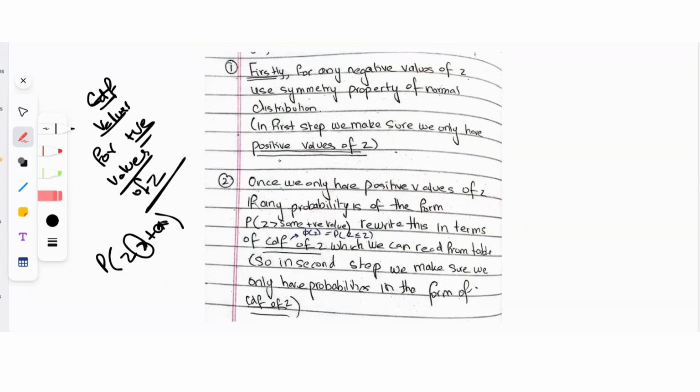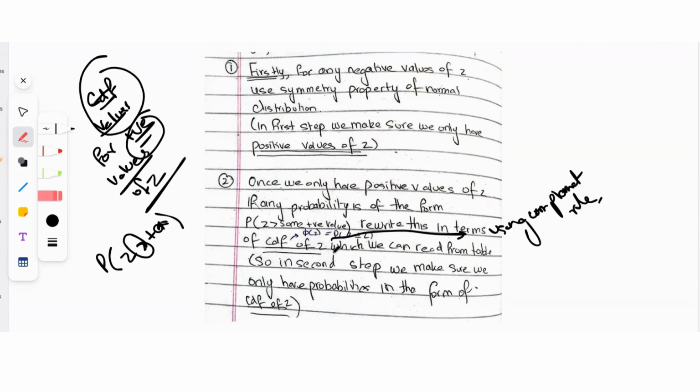So when you want to find probabilities for a standard normal random variable using the Z table, just keep in mind the table that we're using only has CDF values for positive values of z. In the first step, you ensure that you only have positive values of z. If you don't have that, you can use the symmetry property. In the second step, we use the complement rule.